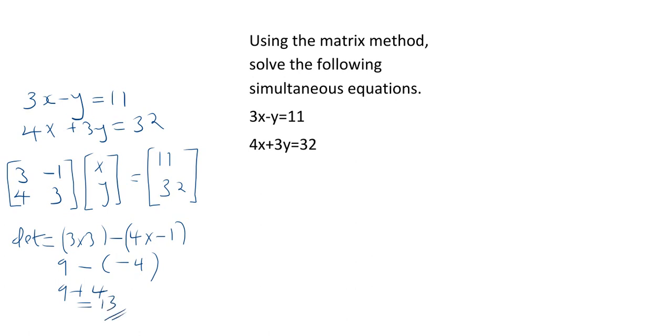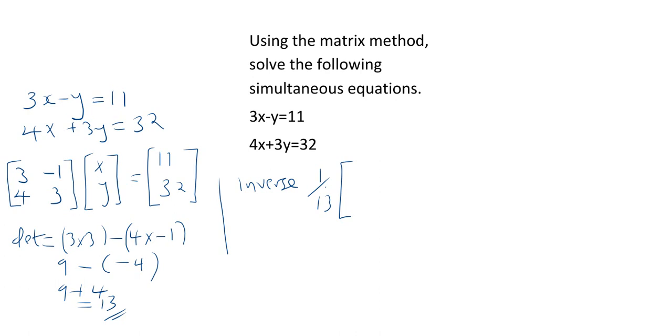To find the inverse, we take 1 over the determinant. Let's write our determinant, which is 13. And we multiply with, what we do, we exchange the values in the principal diagonal.